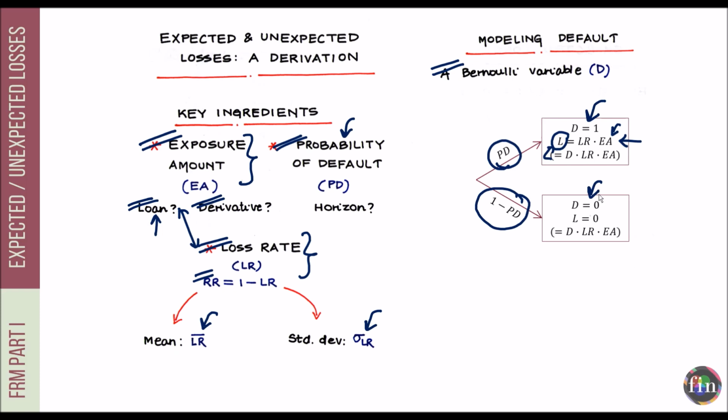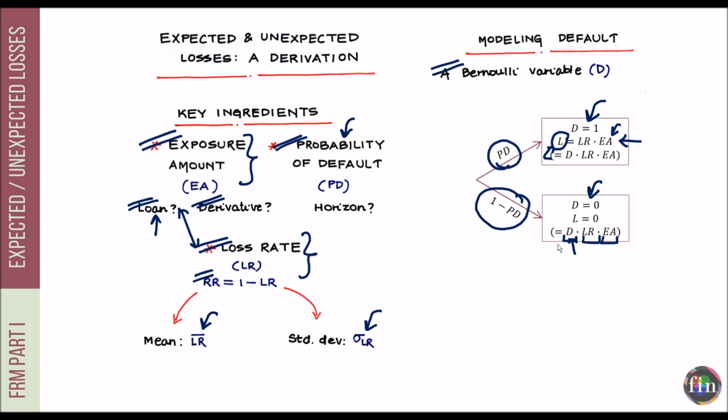Okay. Now let's do this. In the state of survival, our loss is 0. We do get paid what we are owed, and therefore the L, we write it as 0. Since D is equal to 0, I can very well write the L to be D times LR times EA. Since D is 0, I don't care what the LR and EA are. Okay, the loss still turns out to be 0.